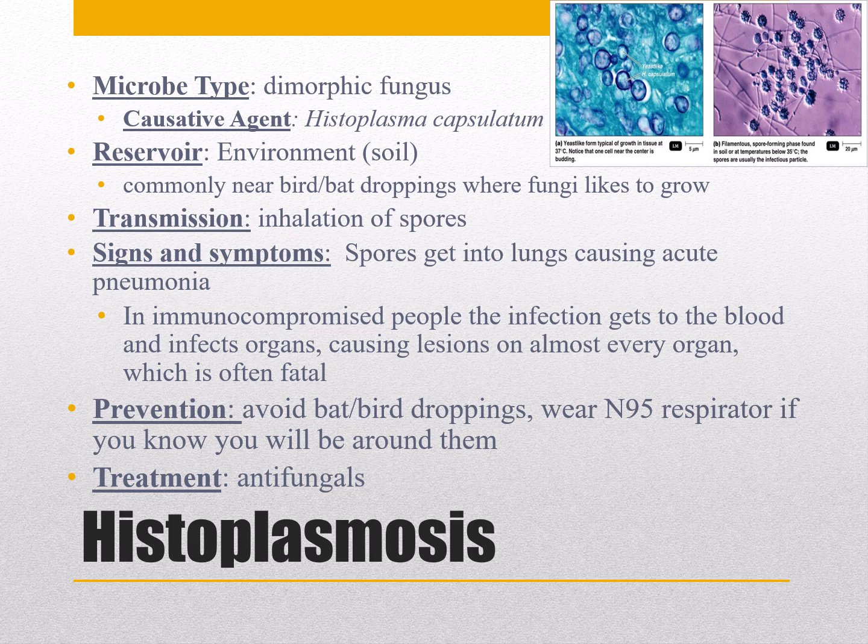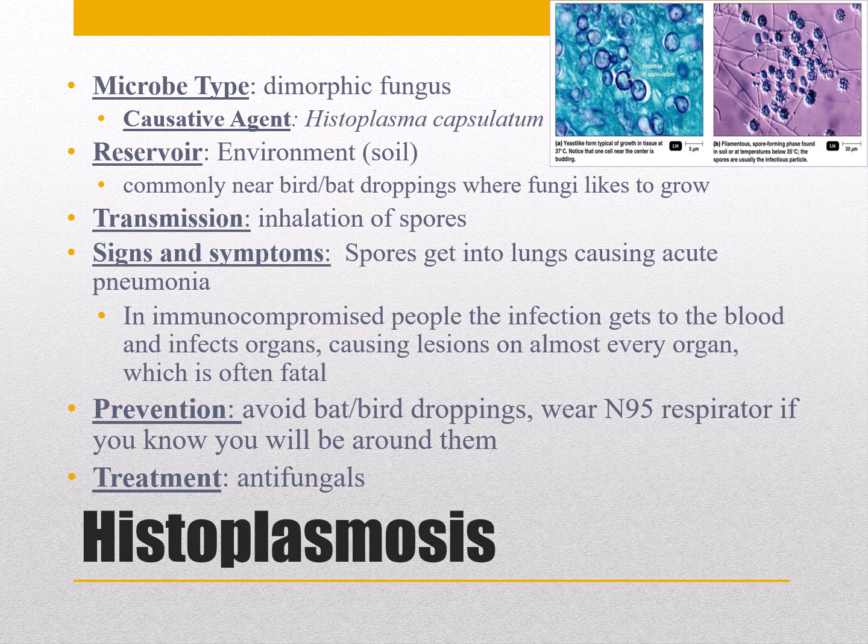Now, transmission is maybe you're hiking or caving or doing something and you kick up some dry bird or bat droppings, and those spores become airborne and you inhale the spores. The spores get into the lungs, causing acute or sudden pneumonia.